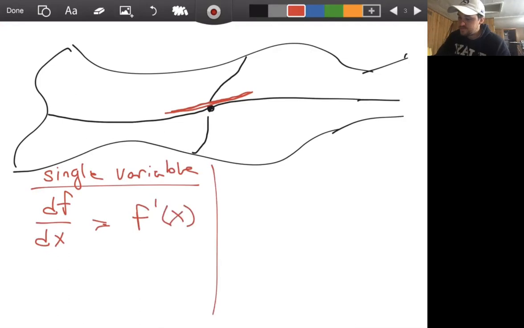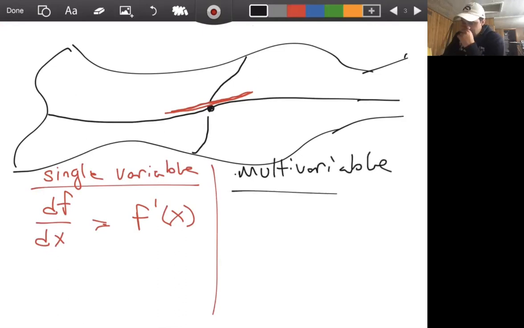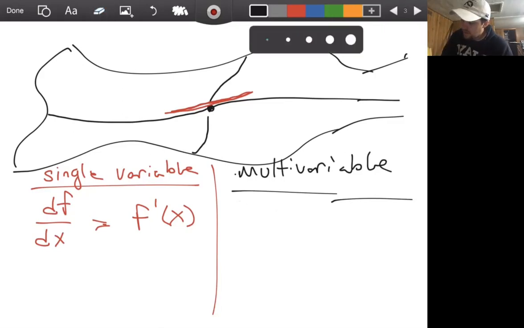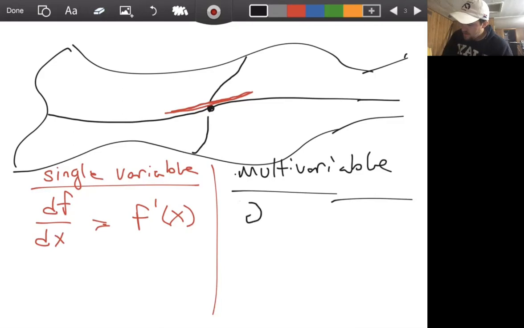But now, in multivariable settings, we introduce a new symbol. It's kind of like a backwards 6 almost, right? And it has a name.